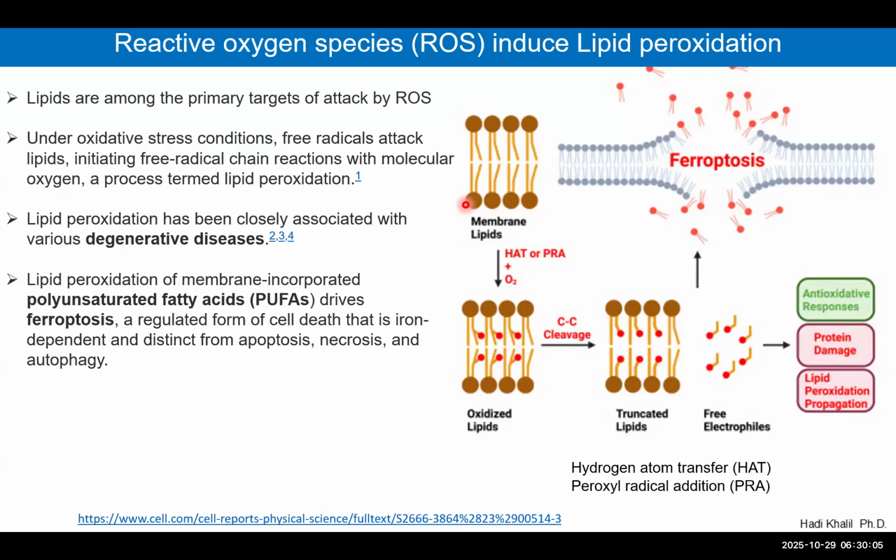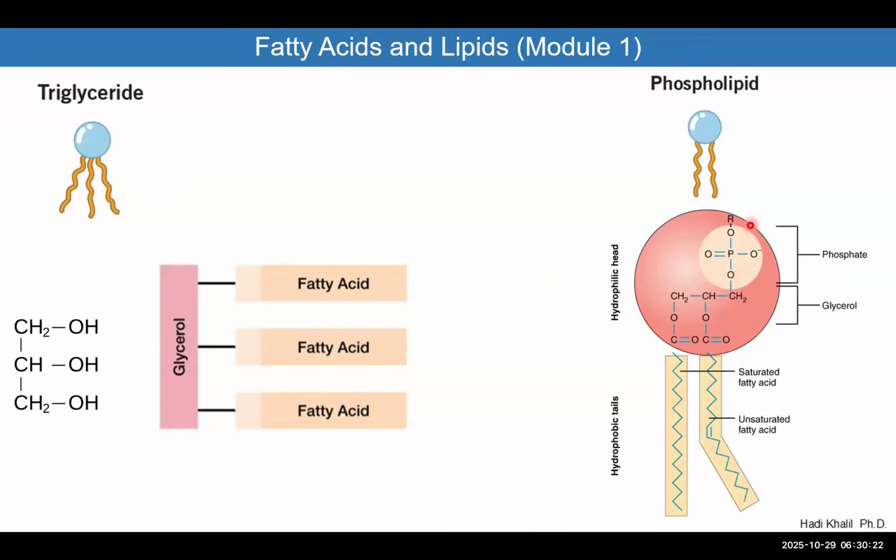Now, when these superoxides are generated under the oxidative stress conditions that I mentioned, those free radicals attack lipids. And if I go back one more, so these are huge molecules. We have a lot of carbons here, and these carbons in the unsaturated part, the fatty acid, they have the double bonds, right? And it has this stoichiometry that is different from the saturated fatty acids. So it gives that small curve here that is presented.